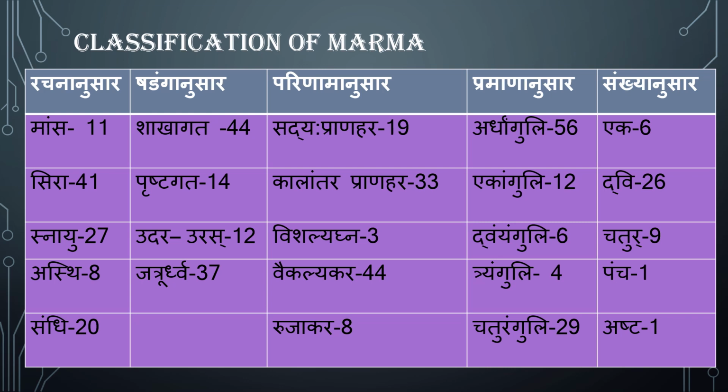Next, Shadanga Anusara, that is according to the extremities or according to the location in the body. Again, mainly 4 types, or we can consider it as only 3 types: Shakhagata, Madhya Shareeragata and Jatrudhvagata.